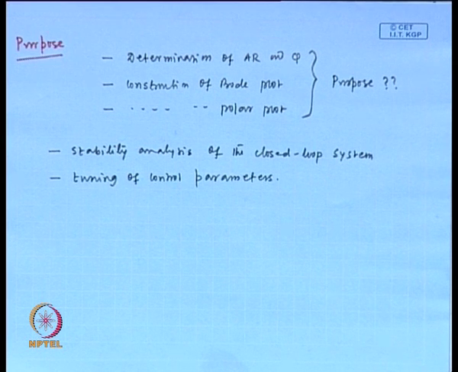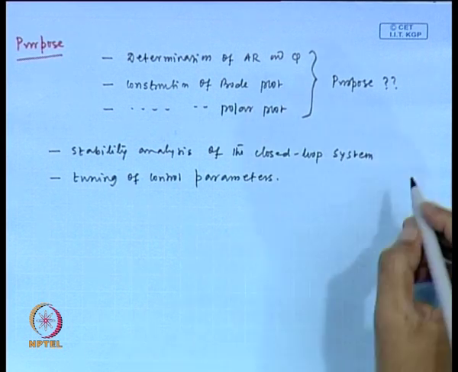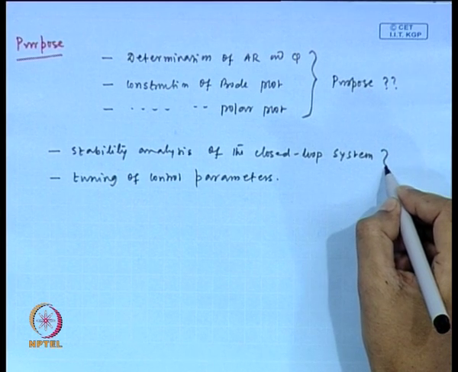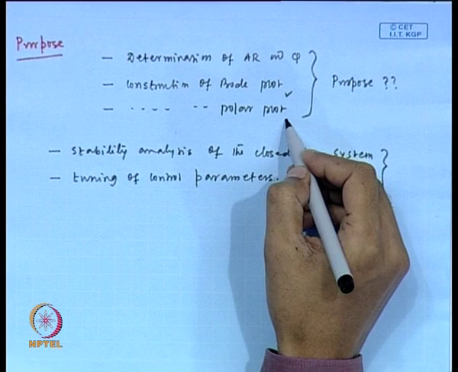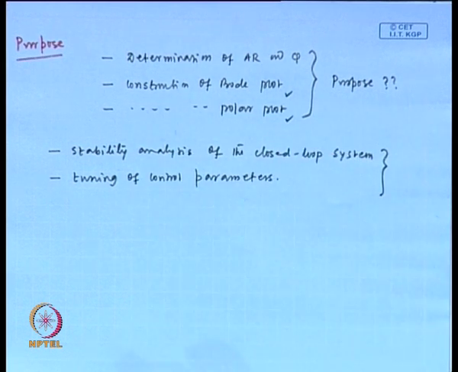And it is interesting to note that for the stability analysis and for controller tuning, we will use this Bode plot and polar plot. So far we have just started the construction of those plots. In the next we will use those plots for stability analysis and for controller tuning.